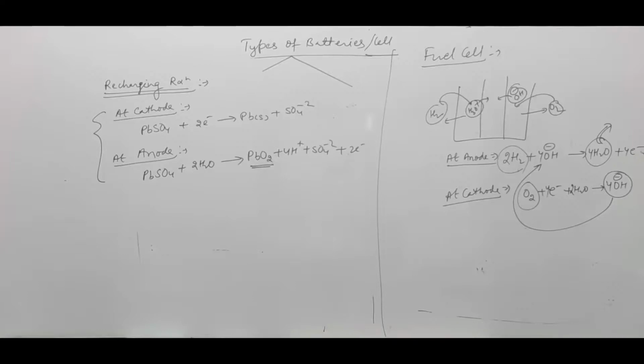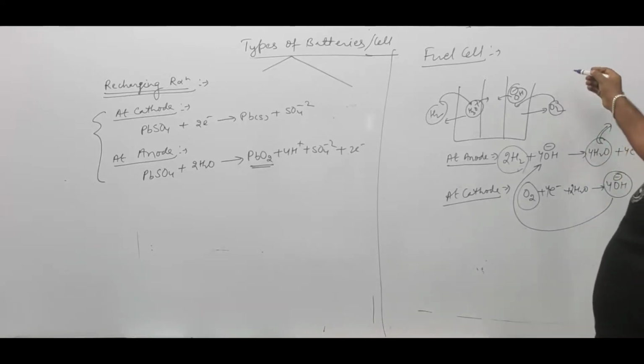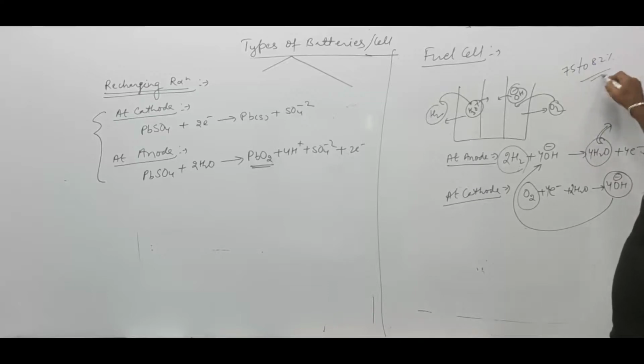Next, the energy conversion from chemical to electrical is highly efficient, around 75 to 82% efficiency.